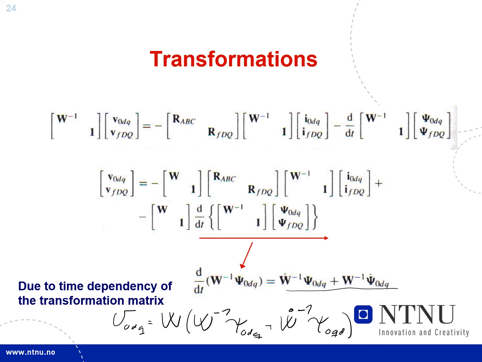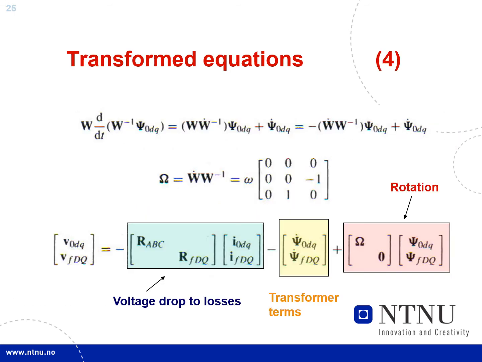So we see that there are two components coming in here, and we need to evaluate then the product of the transformation times the inverse of the transformation. This is the interesting part.